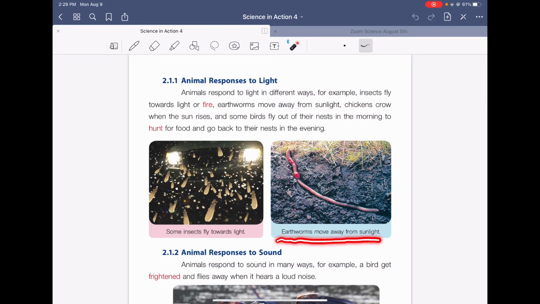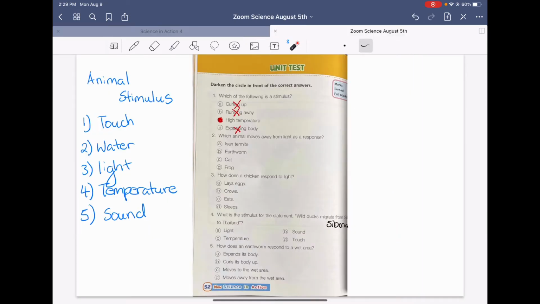Earthworms move away from sunlight. Right? Earthworms do not like sunlight. So which animal moves away from light? Termite? No. Cat? No. Frog? No. Only earthworm moves away.